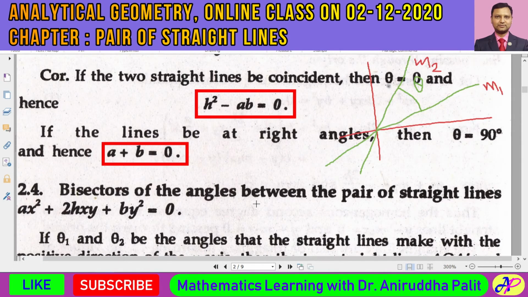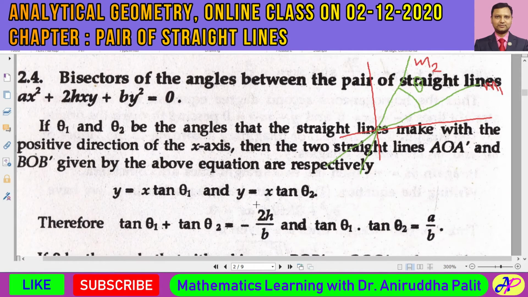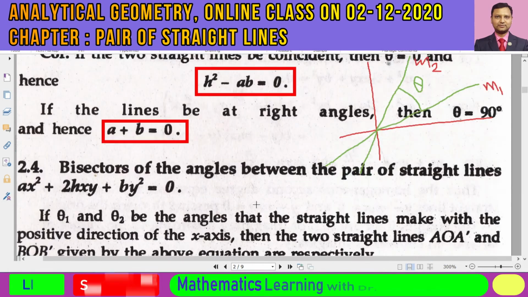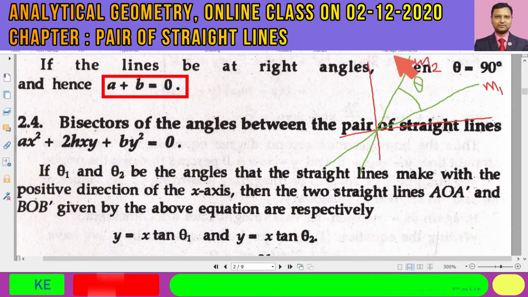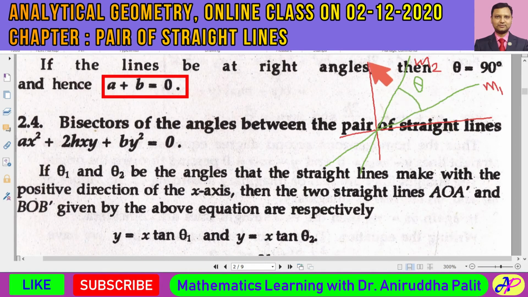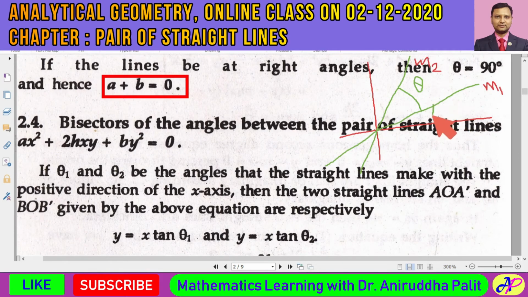Okay, so now I am starting the last part for today's discussion. I am interested to compute the bisector of the angle in between m1 and m2. Over here the angle in between m1 and m2 means this is one angle, and this expression is another angle, that would be pi minus theta.